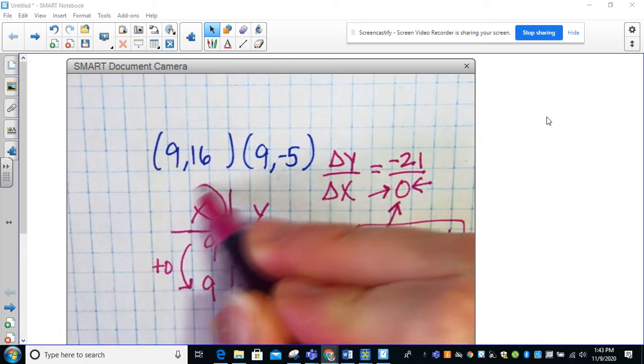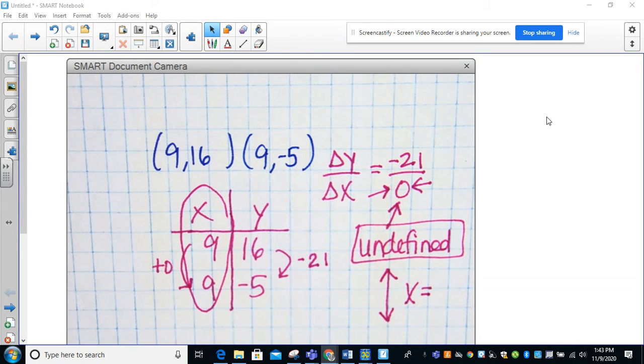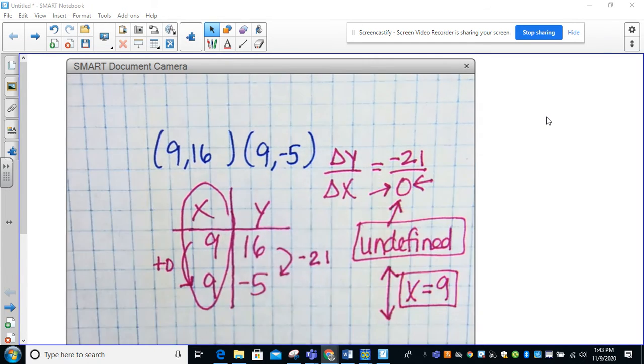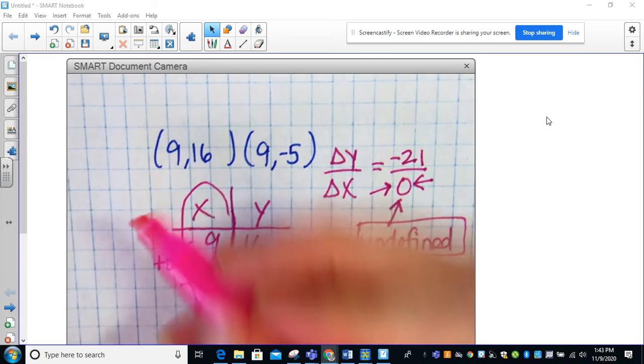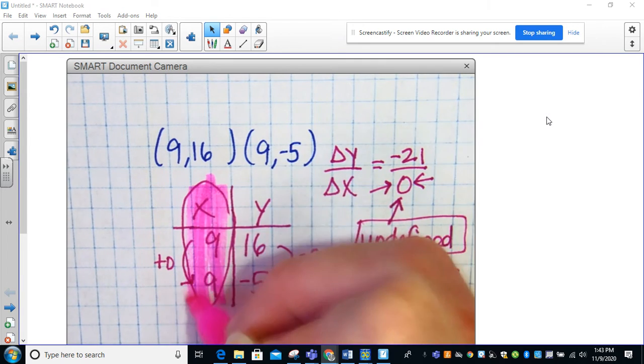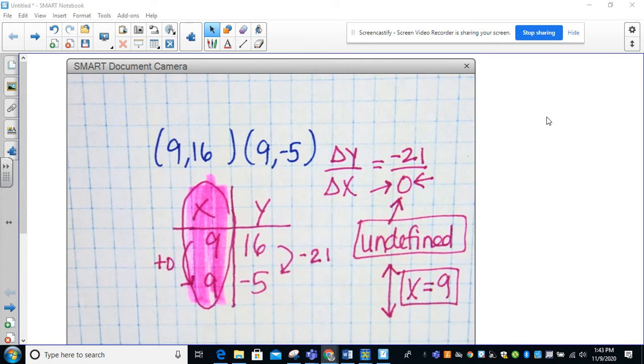Well, obviously, what does x equal every time? 9. So that's just a little bit of extra information for you to start recognizing when you see this business happening with the 9s or the x's repeating straight down. That's an undefined slope. We can't have a denominator of 0.